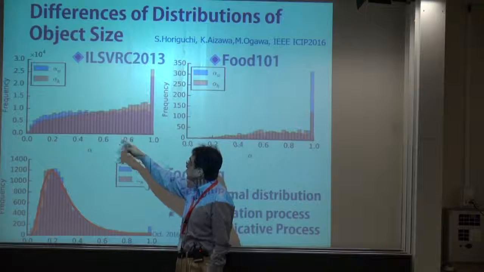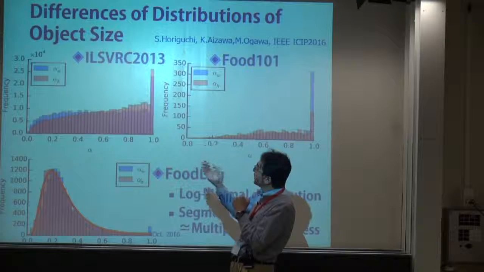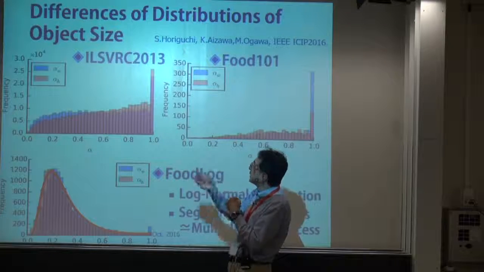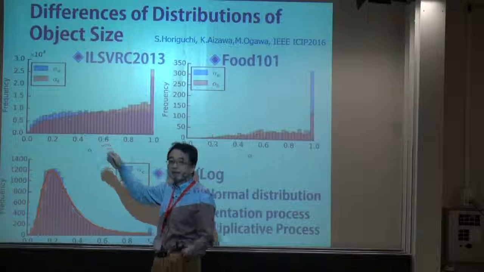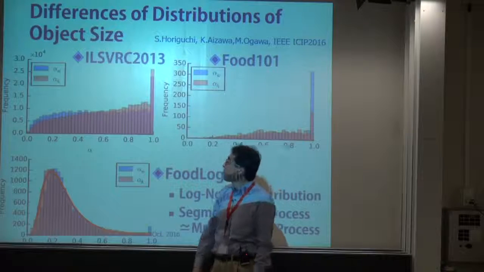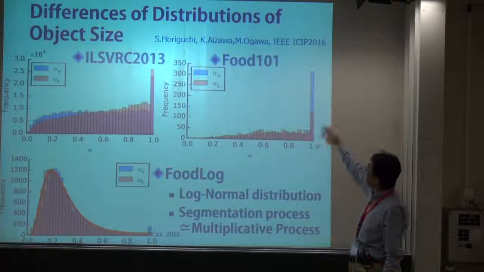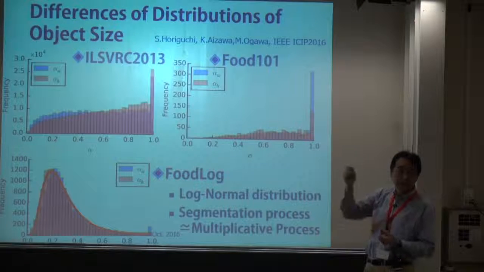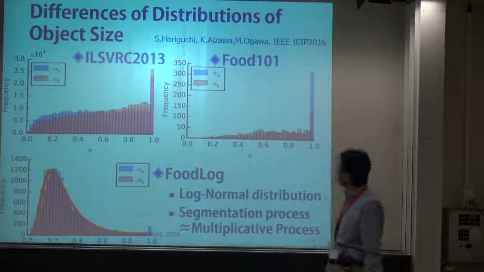The red and blue are horizontal size and vertical size, respectively. You see that the general object data's distribution is almost uniform. Look at the food data: many are in a saturated region, and the rest looks uniform.